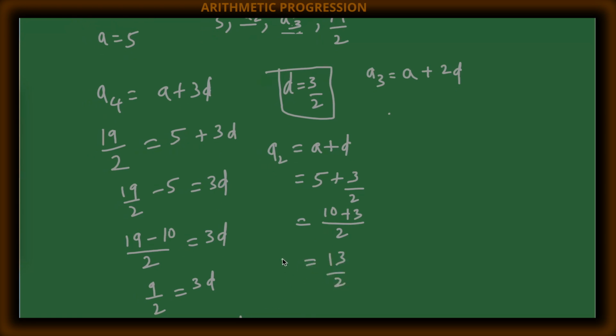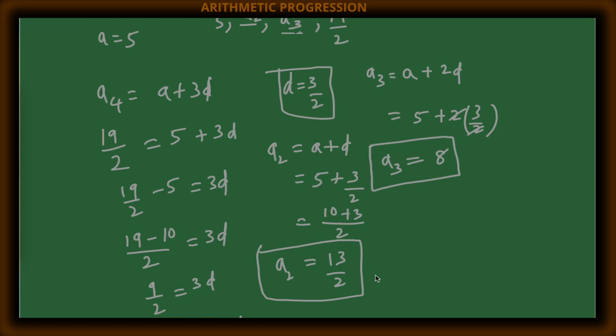A2 is 13 by 2. Now let's find A3. A3 is equal to A, which is 5, plus 2 times D, which is 3 by 2. The 2s get cancelled. 5 plus 3 is 8. So we have A3.